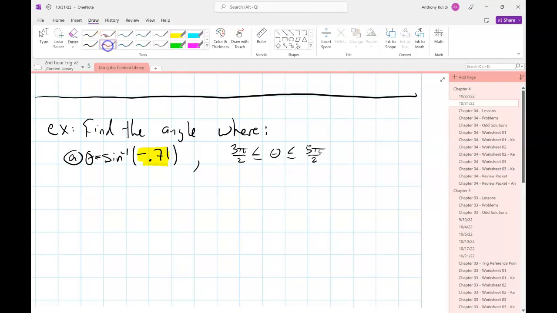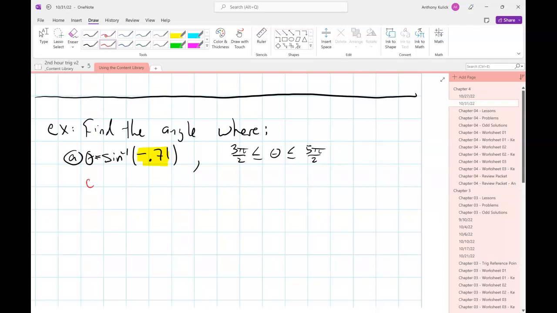Furthermore, the value we're taking the sine inverse of is not a unit circle coordinate I'm used to seeing. The fact that it's a decimal already tells me that I'm probably going to need to use a calculator to do this one. Everybody's okay?